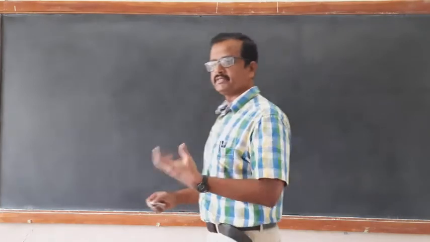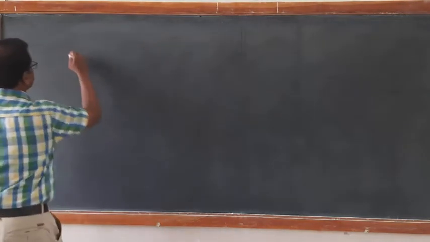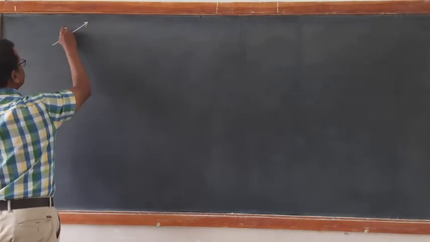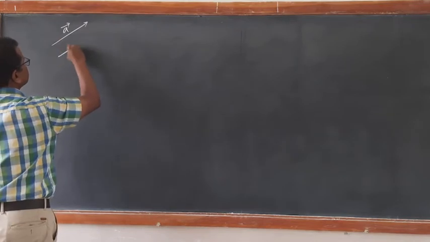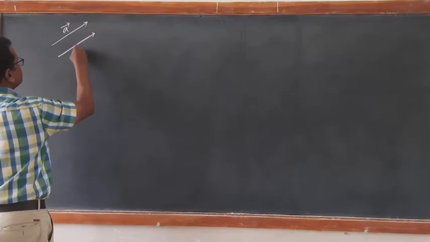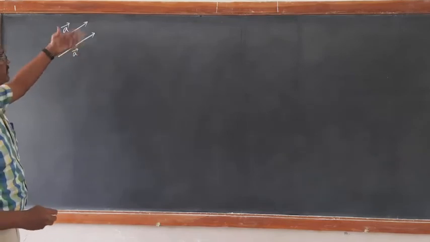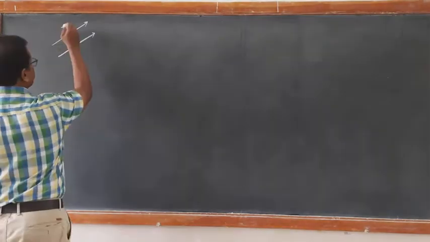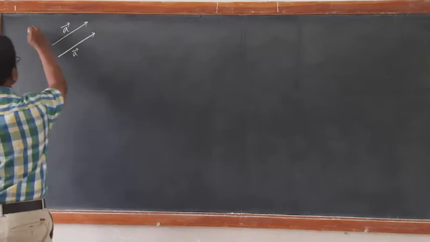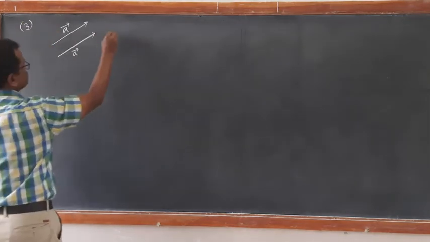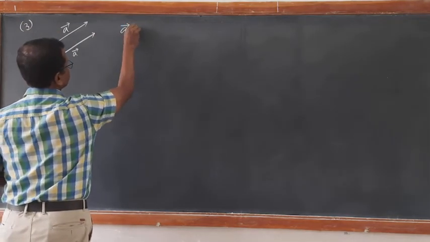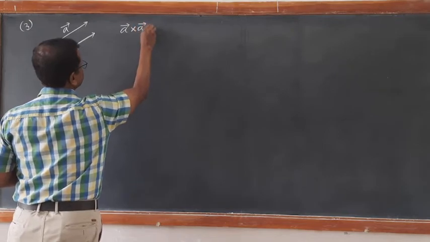Product of a vector with itself. Suppose this is the vector A. Product of parallel vectors, or product of a vector with the same vector, gives you the result 0, the null vector. So A cross A gives us 0.